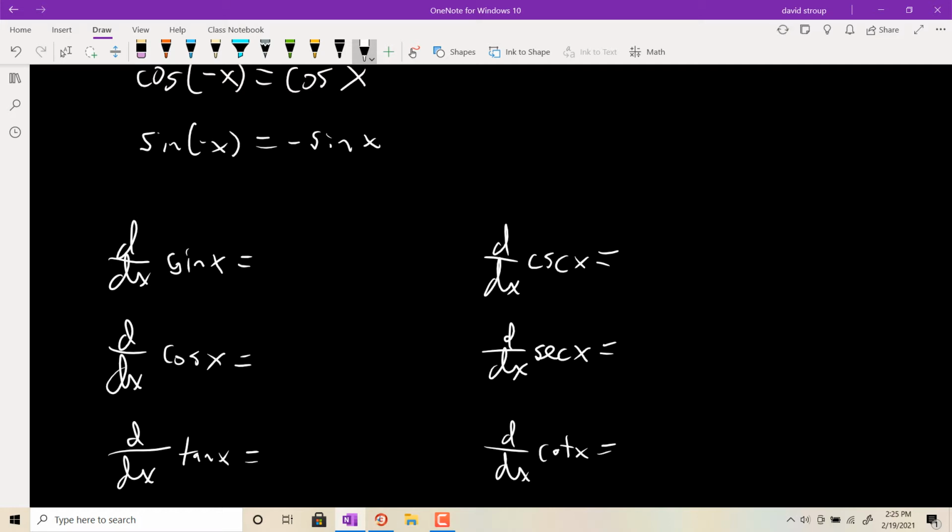So the derivative of sine is, of course, cosine x. The derivative of cosine is negative sine x. The derivative of tan is secant squared x.